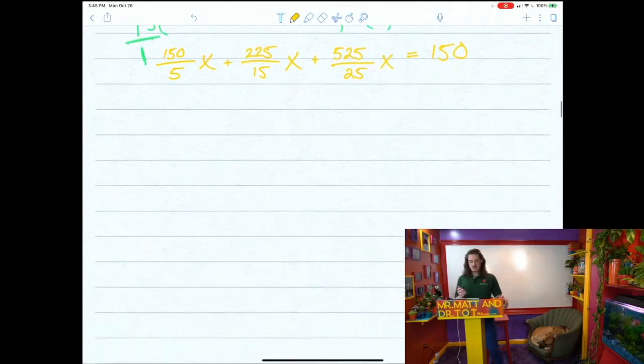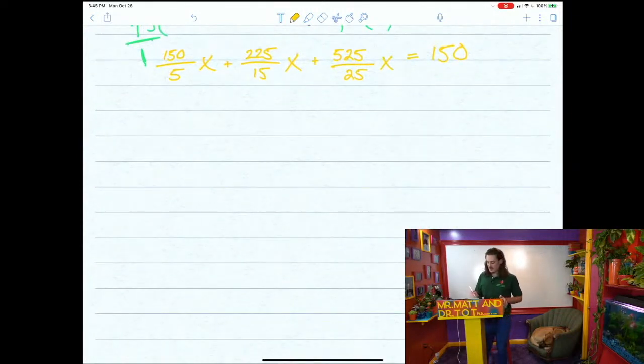So now, notice 150 is divisible by 5, that's 30. So this thing just turns into 30x. 225 divided by 15 is 15, because 15 squared is 225.